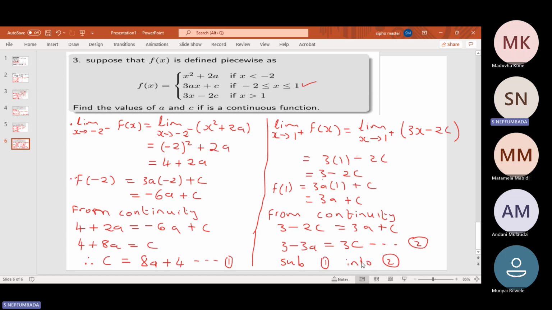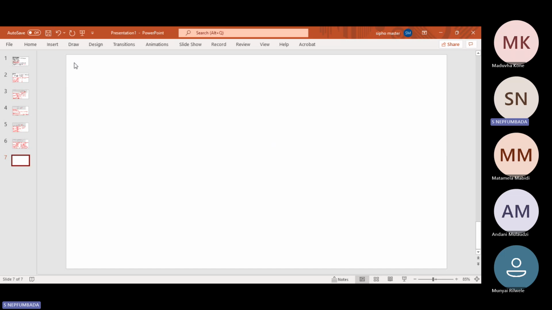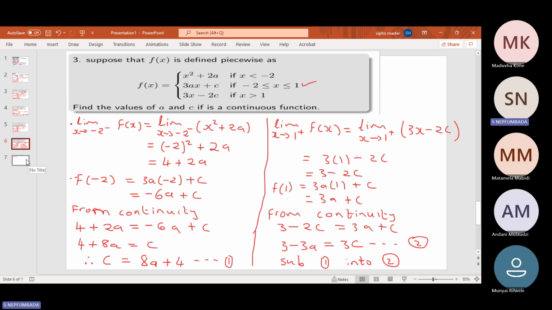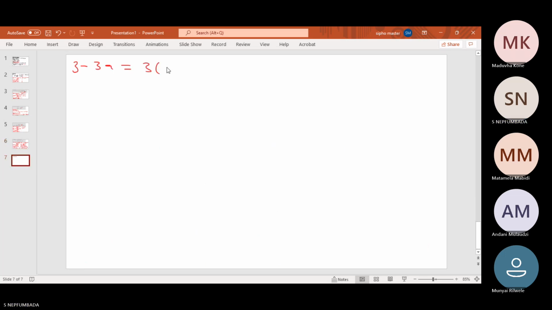We're solving simultaneous equations now. And it means we're going to have 3 minus 3a is equals to 3 into, where there's a c, we put 8a plus 4. Are we satisfied?